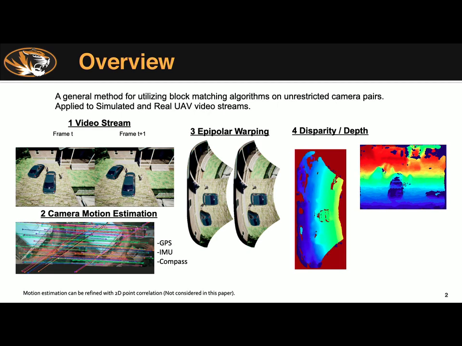And then we use a method of epipolar warping to come up with row-aligned images, so that a feature in corresponding rows will show up. I'll get to that next. And then we use that to calculate the disparities, which we can translate into depth using triangulation.